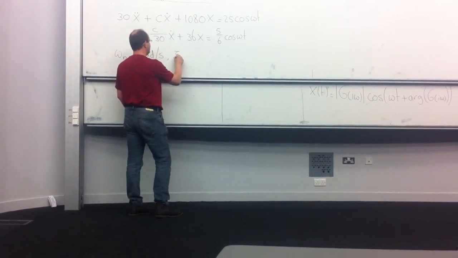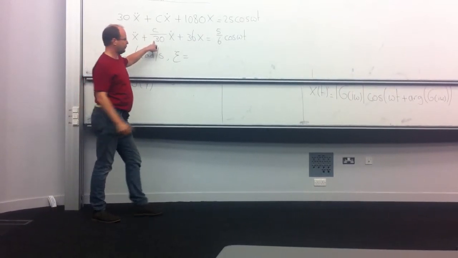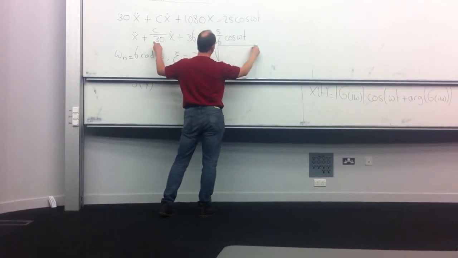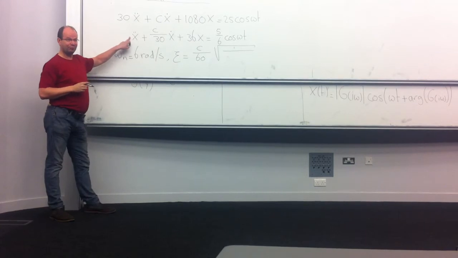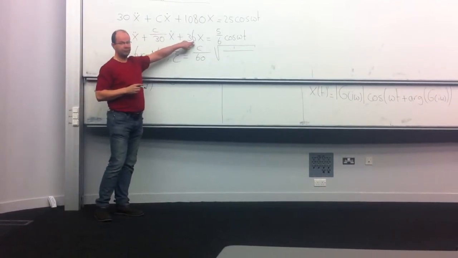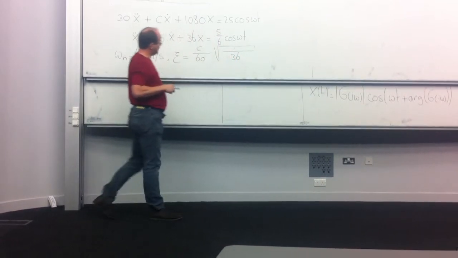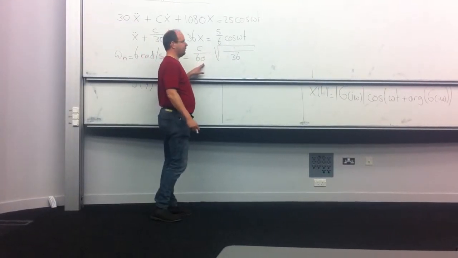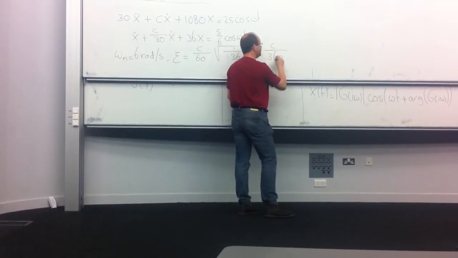Zeta is equal to this thing divided by 2, which is C divided by 60, times the square root of 1 divided by the term in front of x double dot, which is 1, times this term, 36. Now the square root of 36 is 6. So take this 6 here, we get C divided by 360.